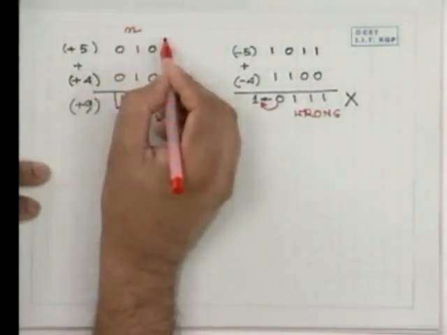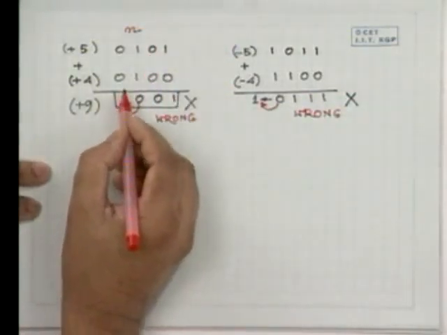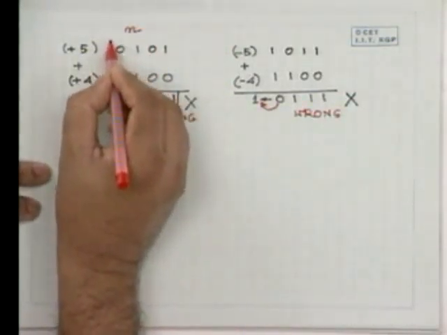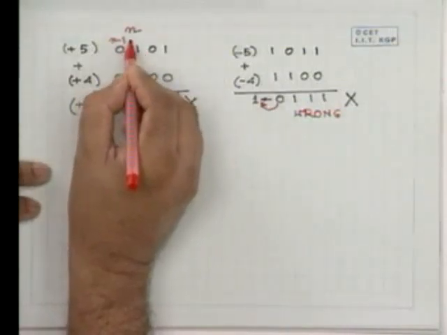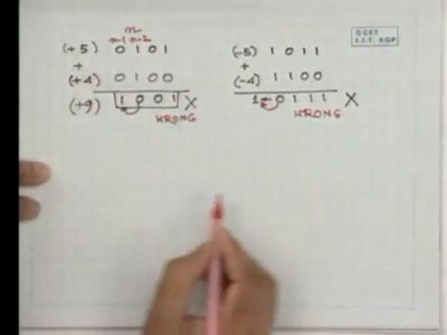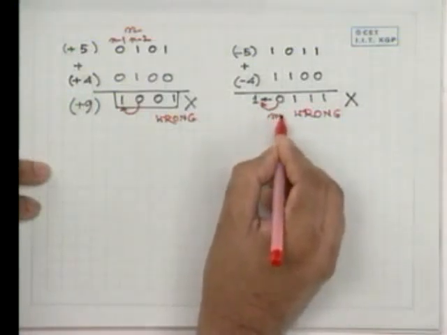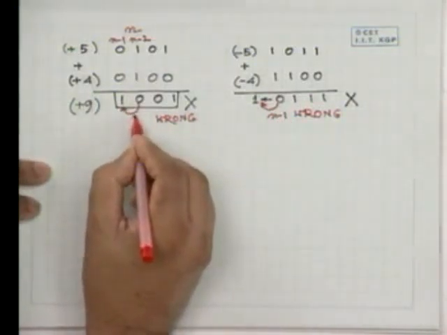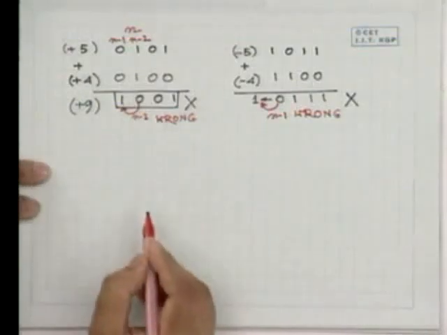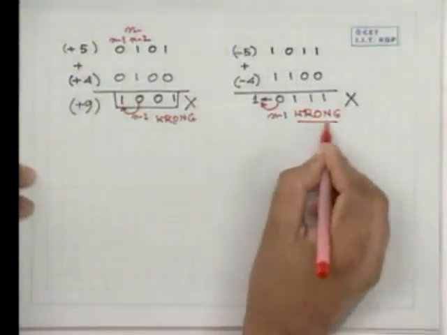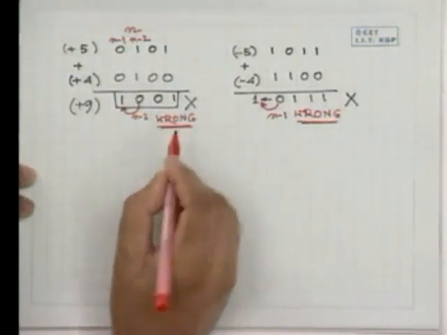I mean, for an n bit number, the most significant bit is the n minus 1th bit, and this is the n minus 2 bit. Here there is a carry out of that n minus 1 bit. In both the cases, the answer is wrong.